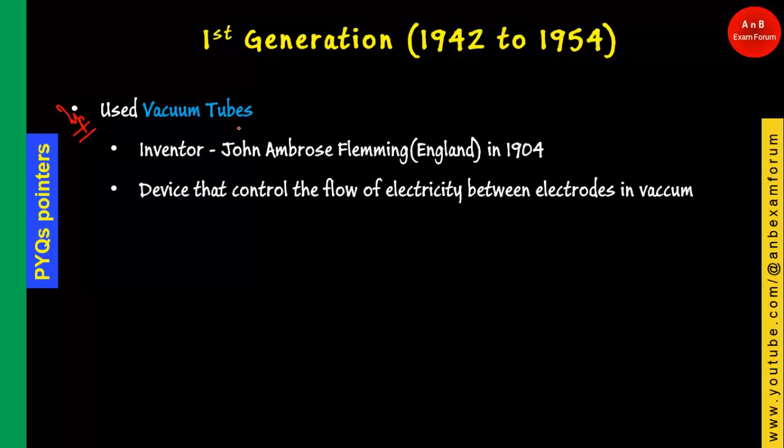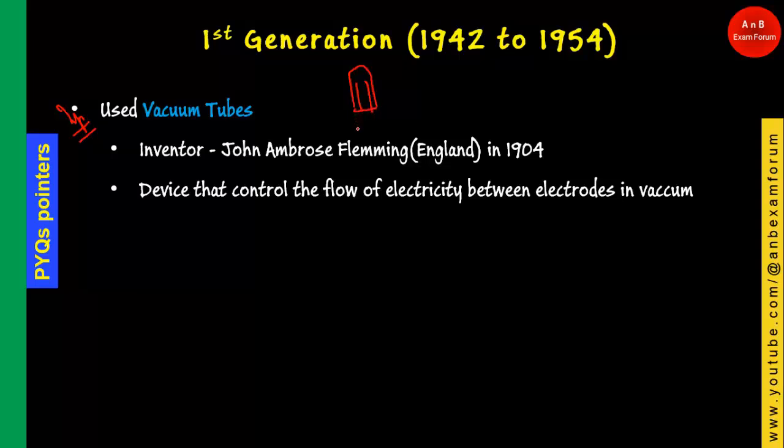Students, vacuum tubes are devices used to control the flow of electricity between electrodes in a vacuum. They are tube-like structures. So electrodes are there and the vacuum is there, and this device is used to control the flow of electricity in these tubes.